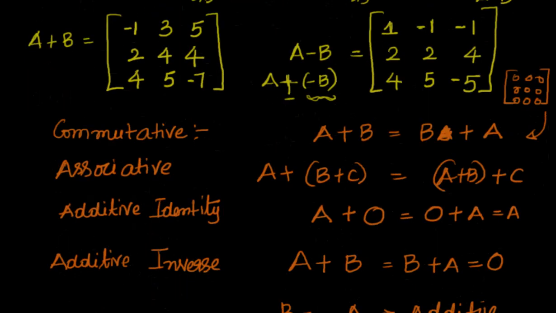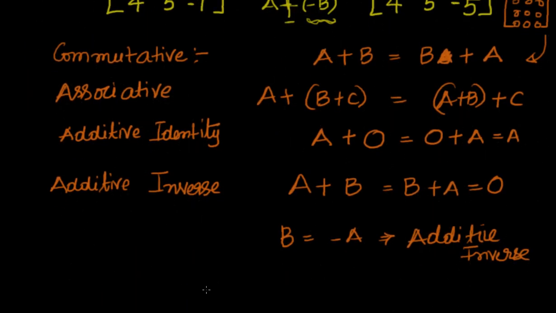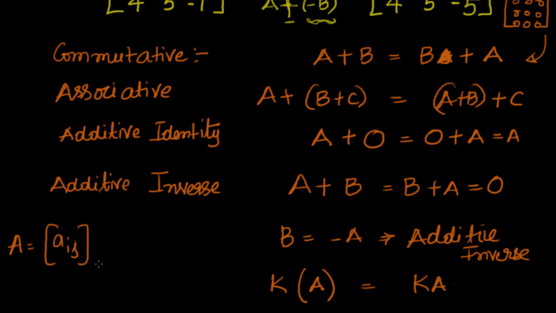So these are some properties. And also you can do scalar multiplication. That means K multiplied with each element of matrix A is a matrix of K times a. What exactly is the meaning of that? Let us say A is equal to Aij of m cross n.